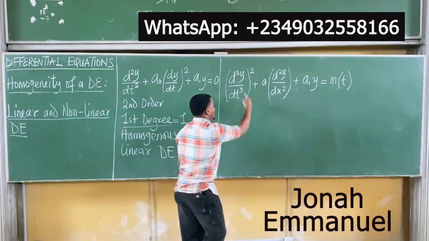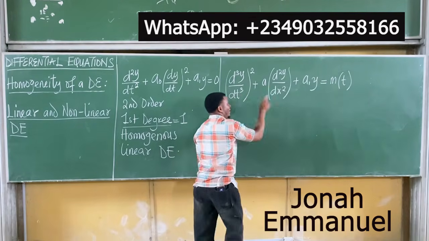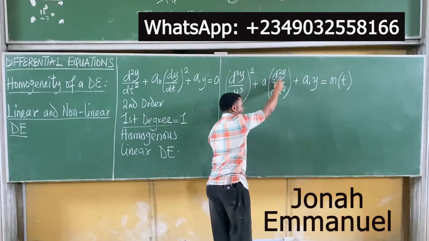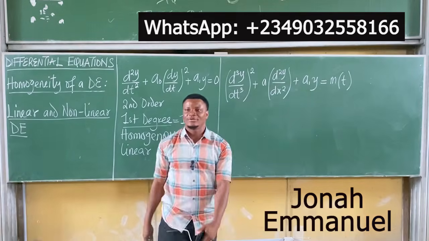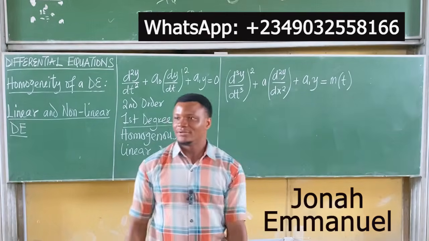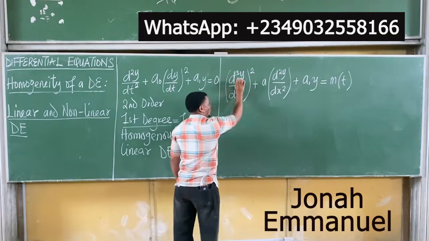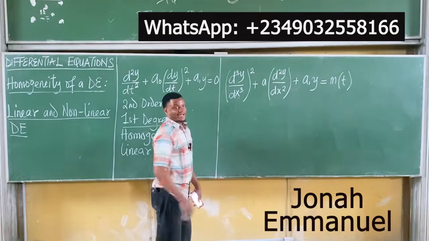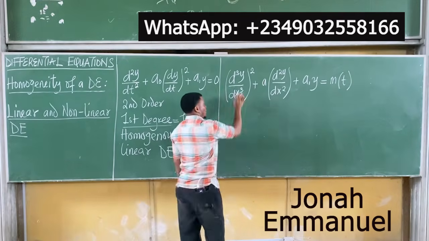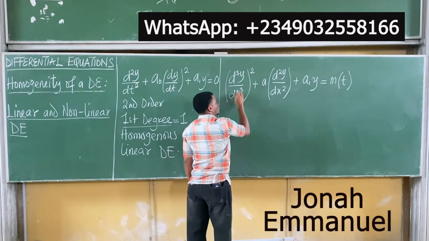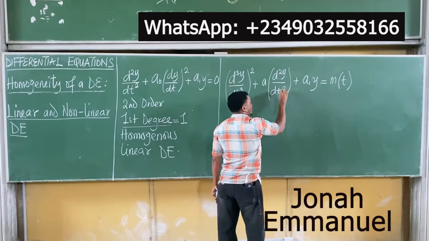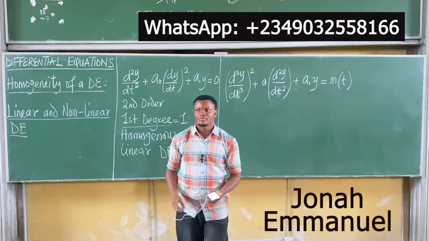How are you having y cubed, t cubed, and not having dy/dx? It's not true, so it's wrong. If you're using dy/dx, it should be dy/dx throughout. Now it's correct. If you're using dy/dt, you're using dy/dt throughout. So it was wrong.